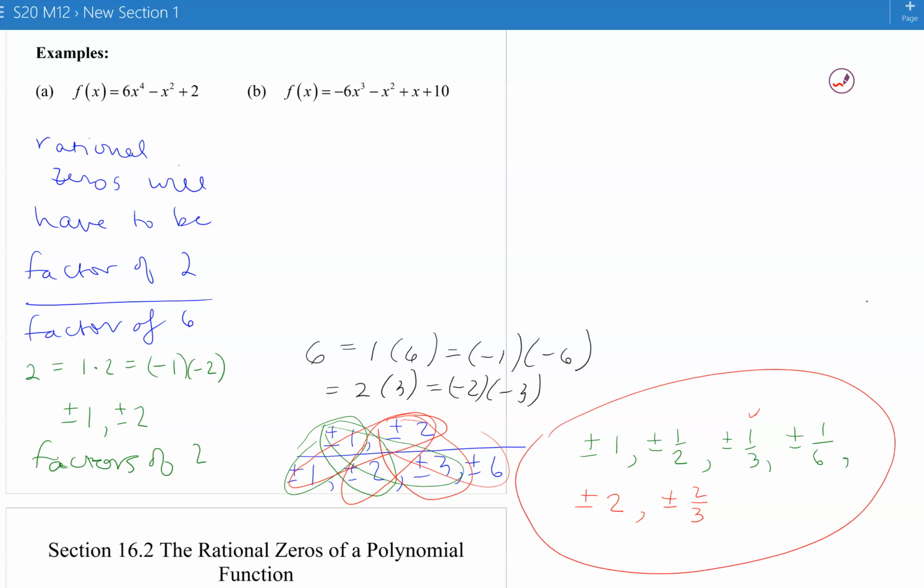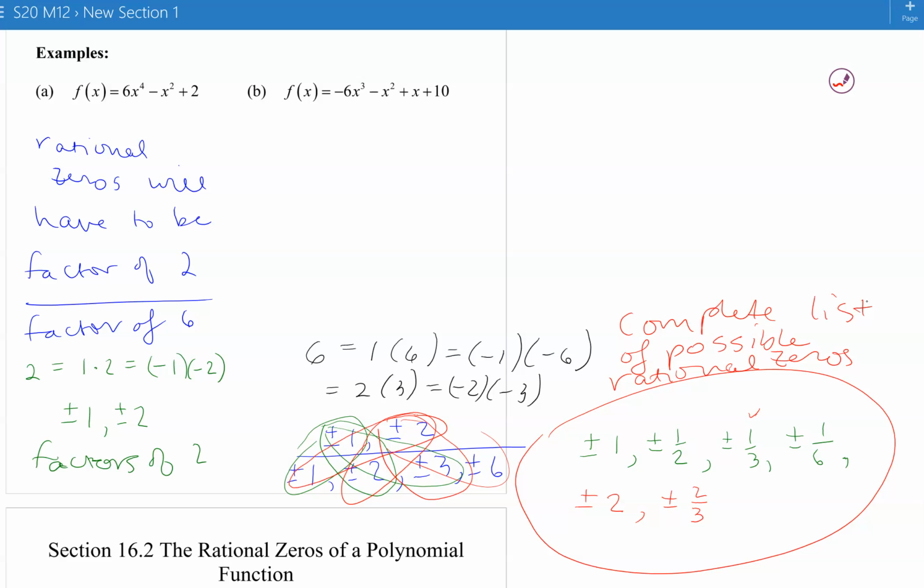So this is the complete list of possible rational zeros. So let me say this again. If this polynomial does have a rational zero, it has to be on this list.